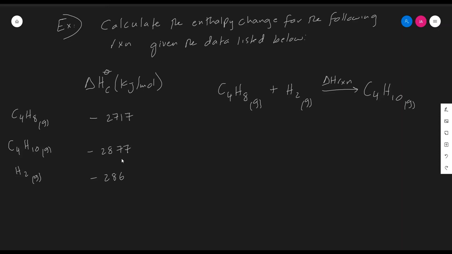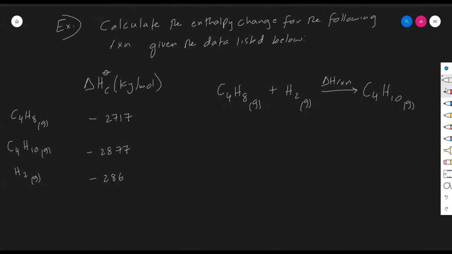I'm also given the enthalpy change of combustion per mole for the product C4H10, as well as the enthalpy change of combustion of the other reactant, which is H2 gas. One thing to note is this reaction is a 1:1:1 ratio, and thus I wouldn't have to worry about multiplying the enthalpy changes of reactions by any other moles.